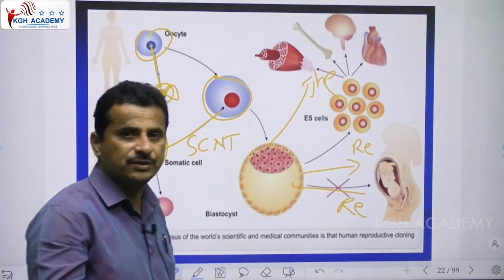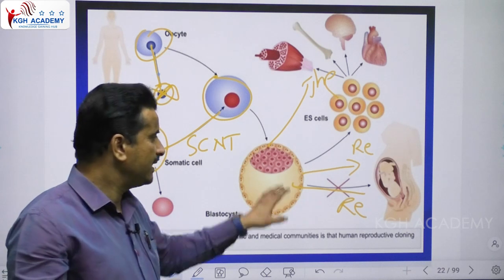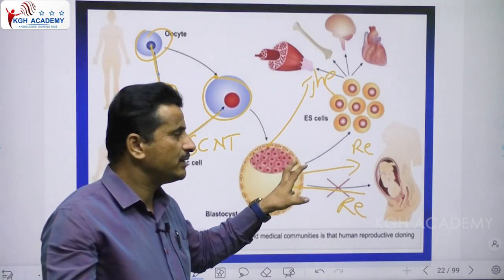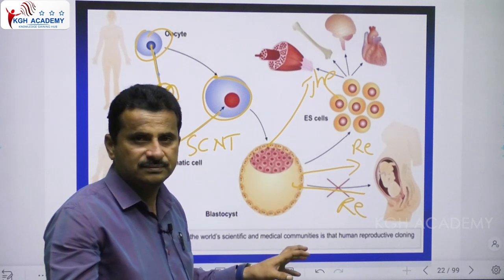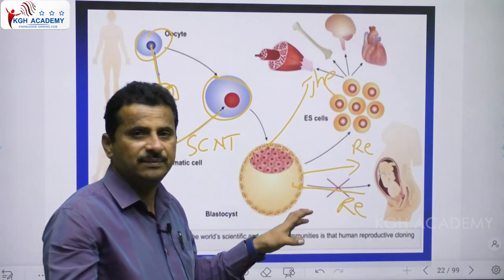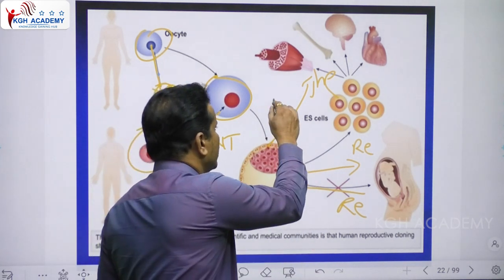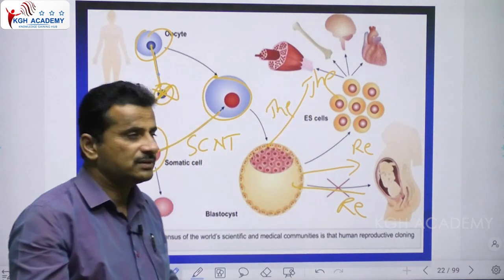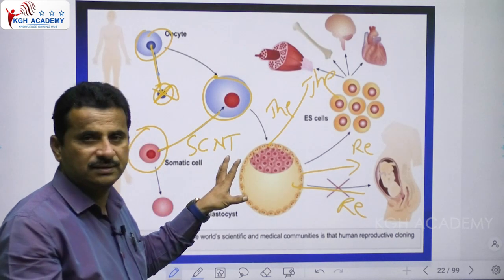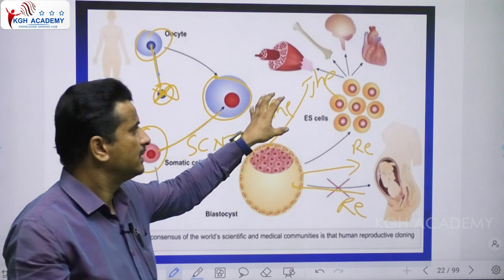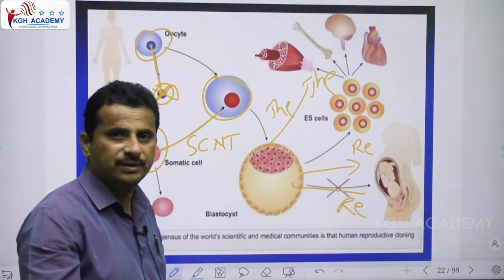Here another organism is being reproduced. The same embryo used to isolate embryonic stem cells to treat different types of diseases is called therapeutic cloning. So this slide is very clear: somatic cell nucleus transfer, therapeutic cloning, and reproductive cloning.